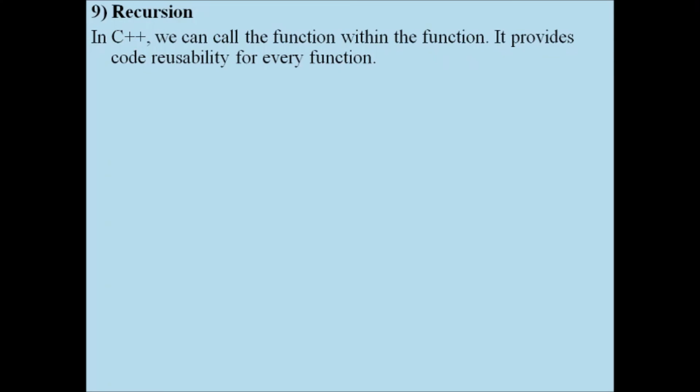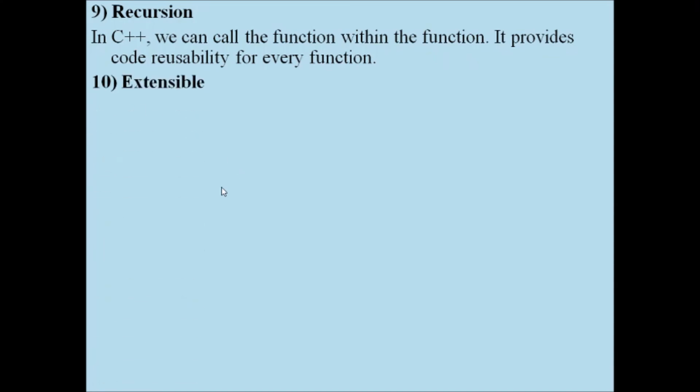You might have seen this concept in the factorial program. Factorial actually has the concept called recursion. It can achieve code reusability. We need not write a big source code. A written source code can be used again and again. That is the next feature.